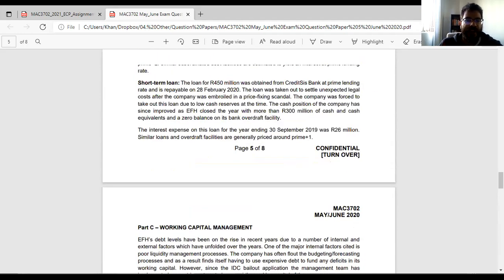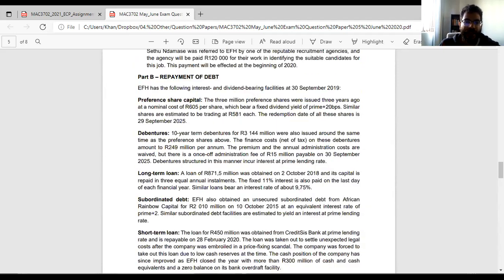So repayment of debt. EFH has the following interest and dividend bearing facilities at 30th September 2019: preference share capital, debentures, long-term loan, subordinated debt, and then short-term loan.